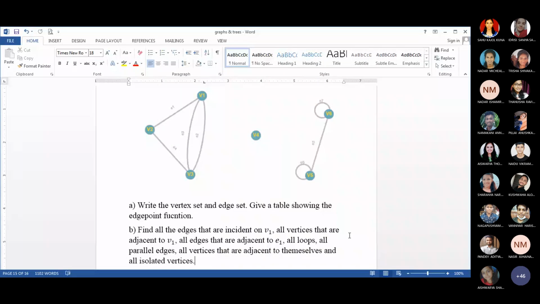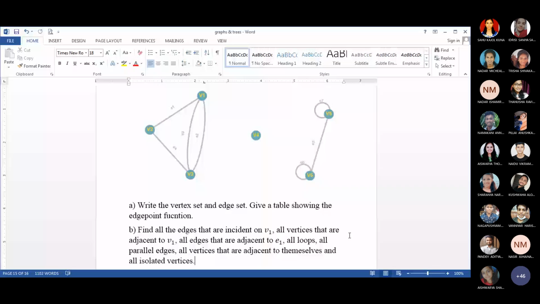Yes, sir. Okay. Tell me what is the degree of vertex V1? 3. Degree of vertex V6? 3. The degree of V6 is also 3 because you have a loop on V6.